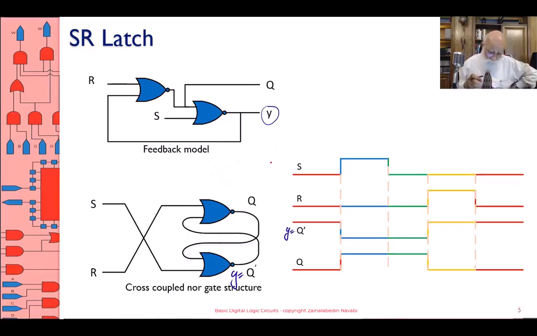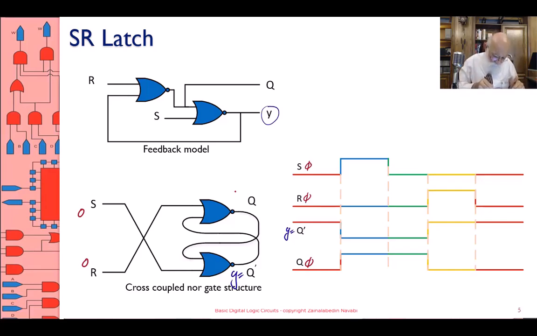I'm going to start with S, R equal to 0, 0. I'm going to propagate this to see what I end up with. Actually, in order to propagate this, I have to make a decision as to what is my initial state. I start with the 0 initial state, okay? Or the 0 present output.